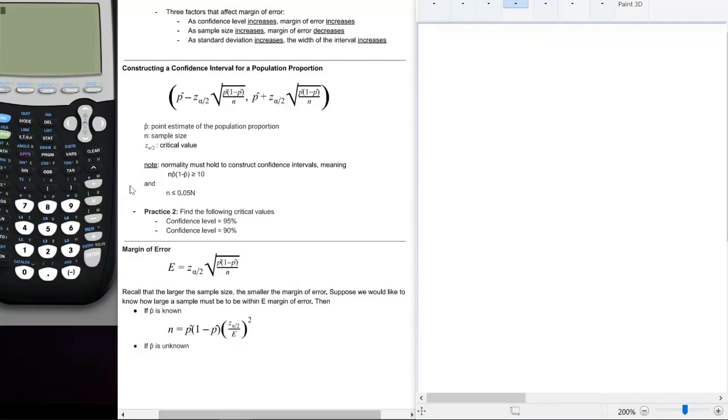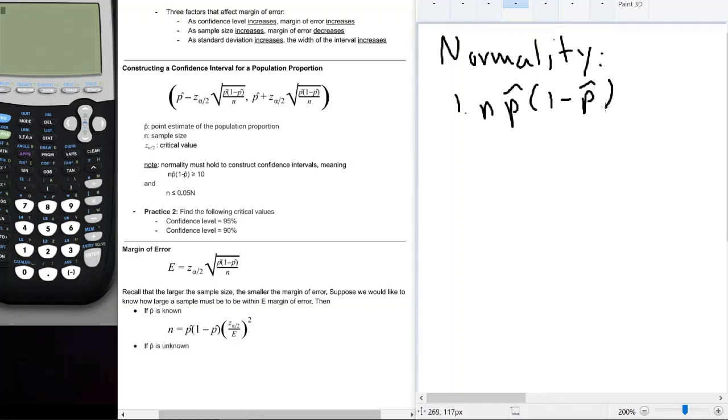There are two cases for normality that need to hold. The first thing is this formula here must hold true. We'll be checking that with this problem. n p hat times 1 minus p hat must be greater than or equal to 10.